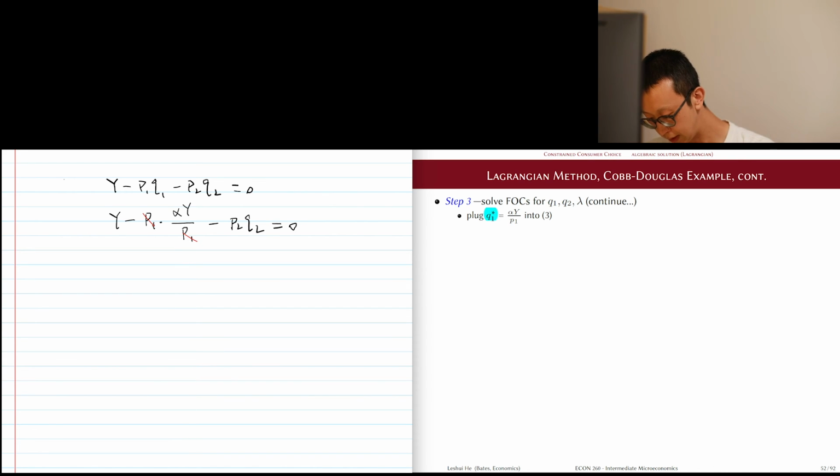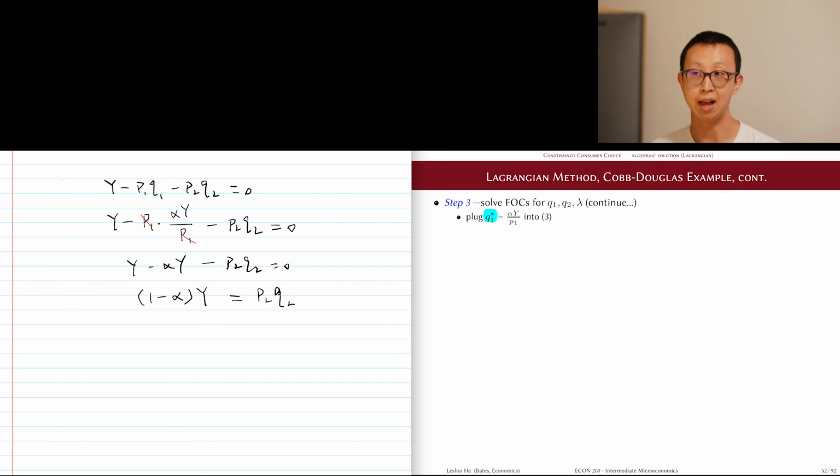However, now P1 and P1 will cancel. Now what we will end up with is y minus alpha y minus P2 Q2 equal to 0. And this is equivalent to, after factoring y out, 1 minus alpha times y is equal to P2 Q2.